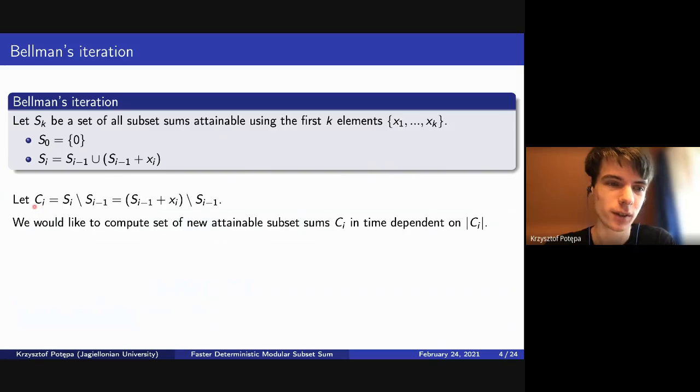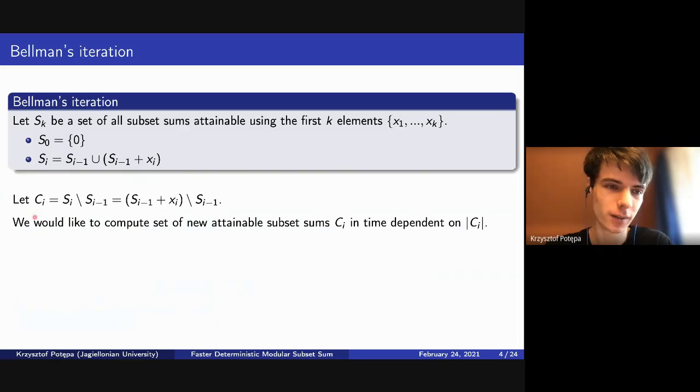So let's define C_i to be the set of new attainable subset sums after adding the ith element. That's the difference between S_i and S_{i-1}. We can rewrite it like this. So we want to compute these consecutive sets C_i in time dependent only on their size, not in time linear in m.